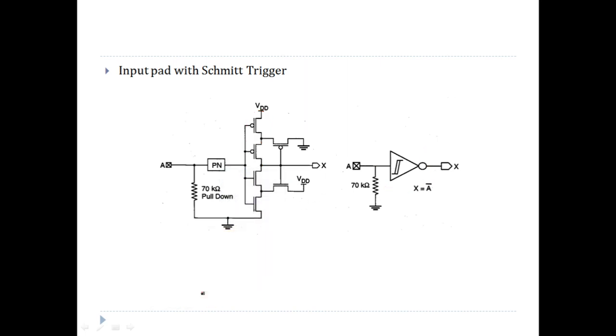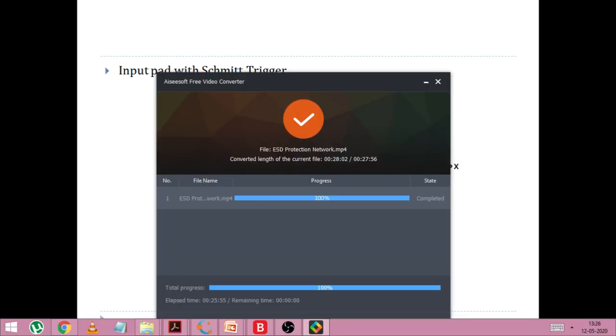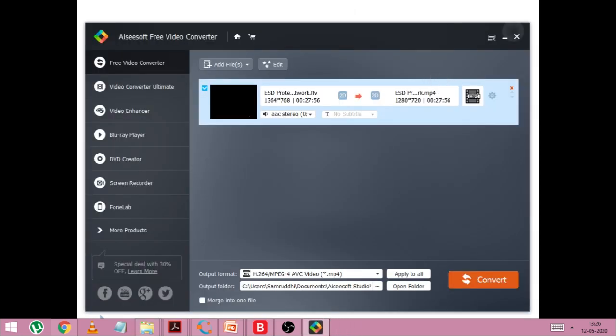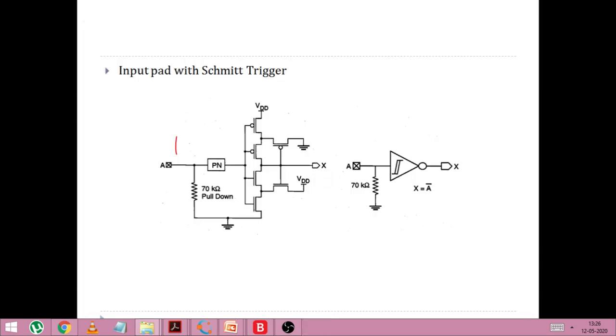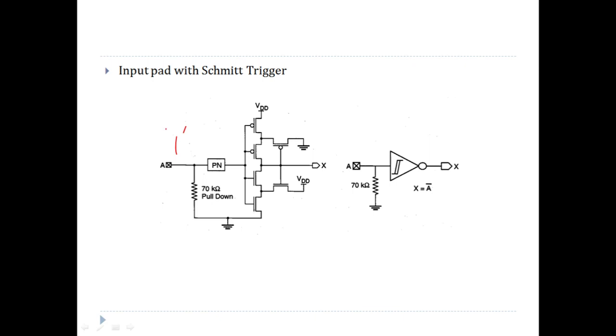Okay, so if the input is logic 1, after going through the protection network, logic 1 will appear here. Because logic 1 will appear here, this will be off, this will be off, and this will be on, and this will be on.